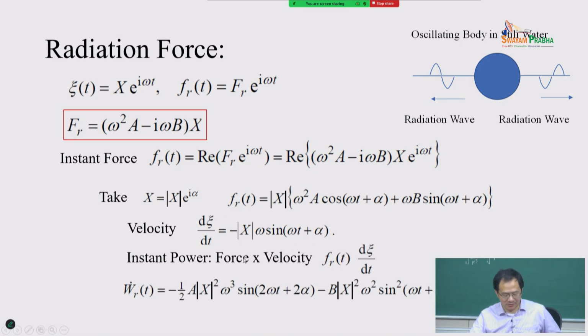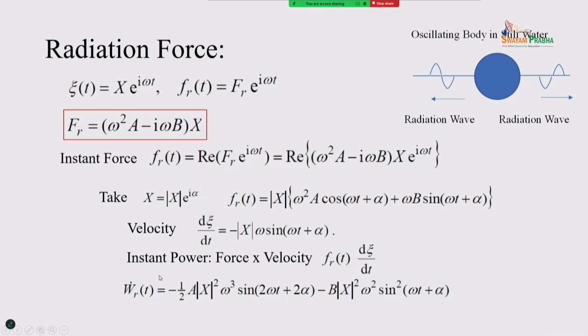Force times velocity is power. Plug this together and you get the instant power, with a sine(2ωt plus 2 alpha) term and a sine square term. So that is the instant power.